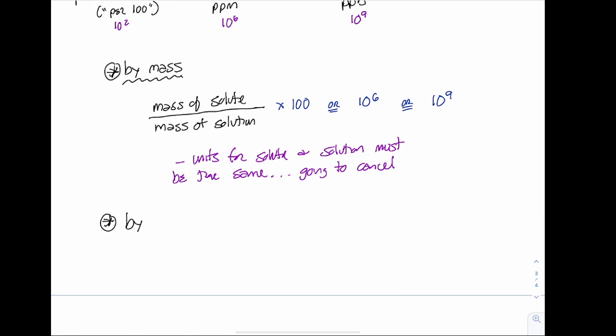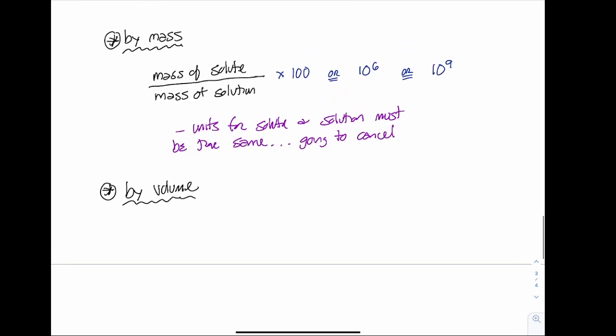We can do it by volume. So all I'm going to do is change the words mass above to volume, and it's going to be exactly the same. So volume of solute over the volume of solution. Again, remember the solution is the total, so solute plus solvent, right?